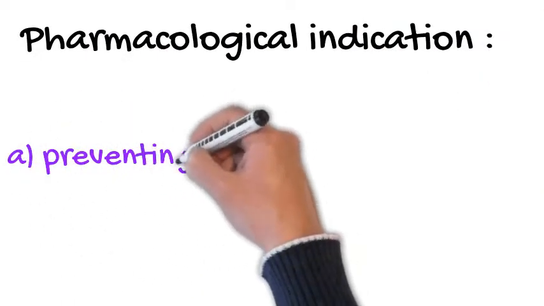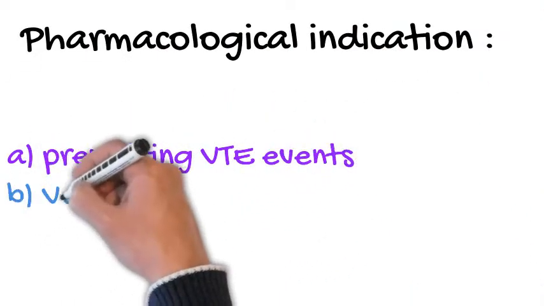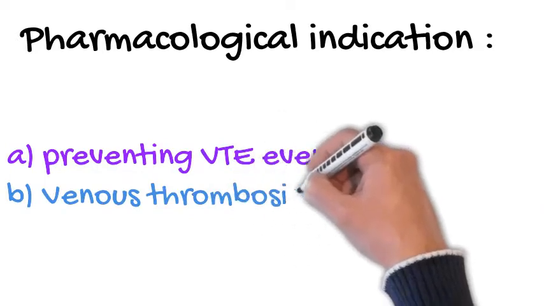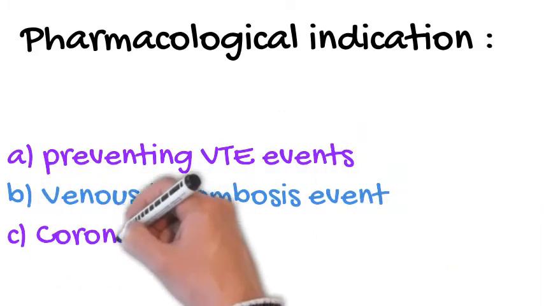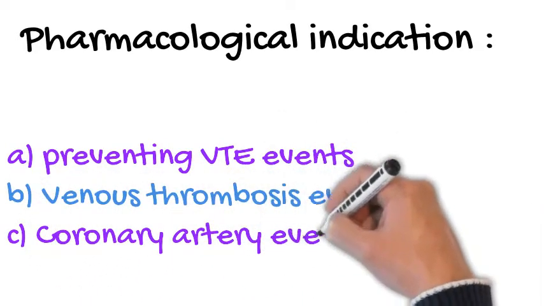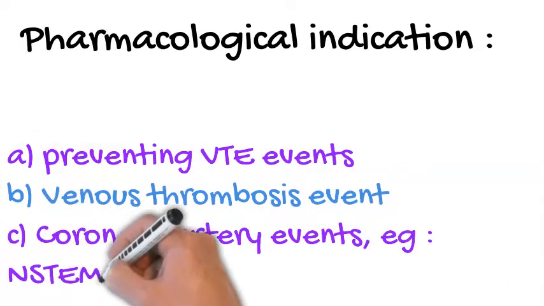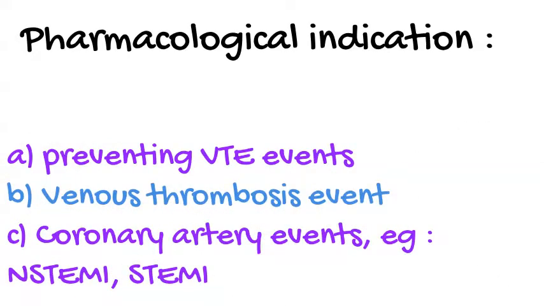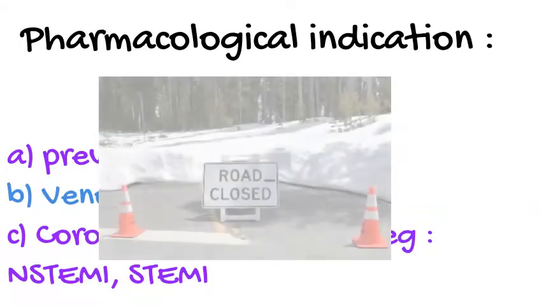Pharmacological indication is in A. Preventing VTE events in major orthopedic or lower limb surgery. B. Venous thrombosis treatment. C. In coronary artery events, example in patient who has unstable angina, non-ST elevation myocardial infarction, or STEMI.